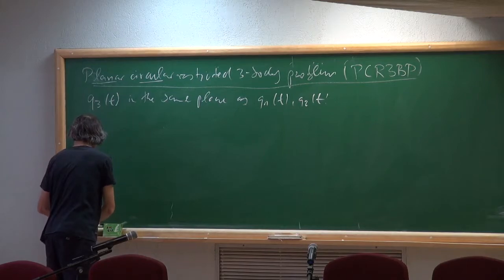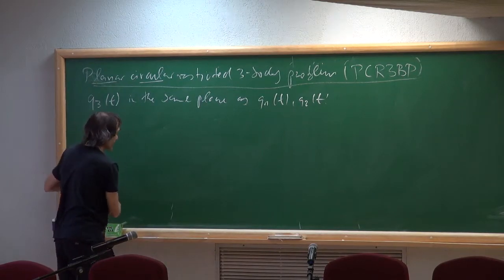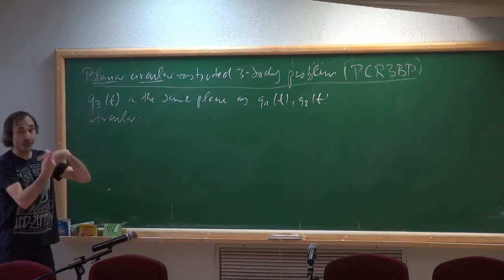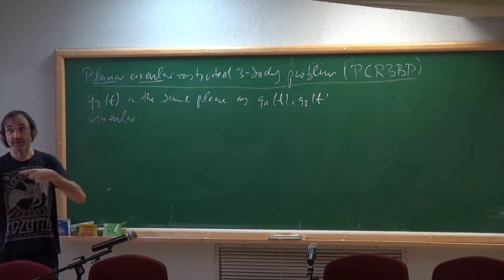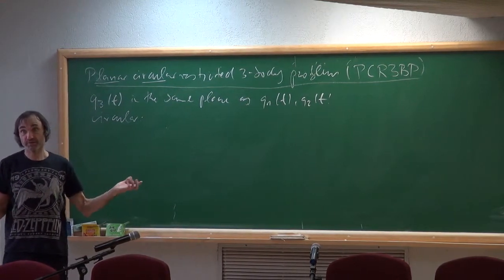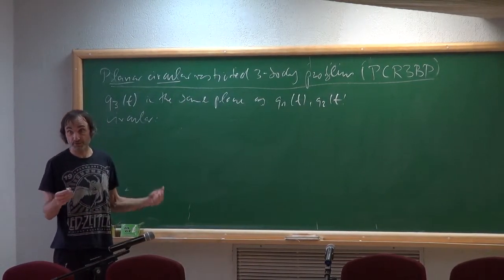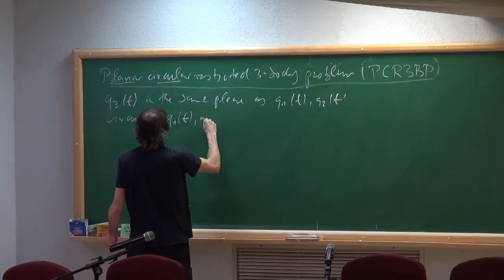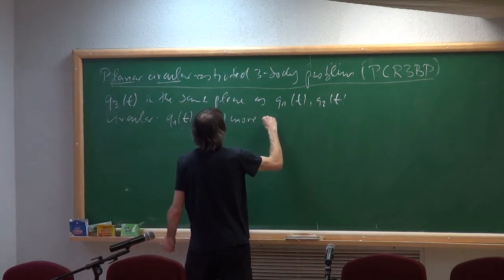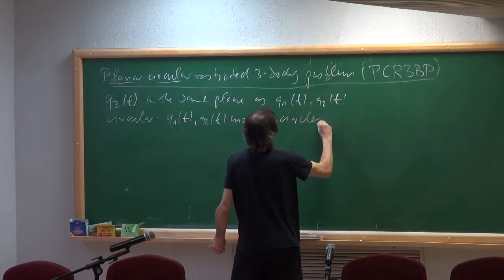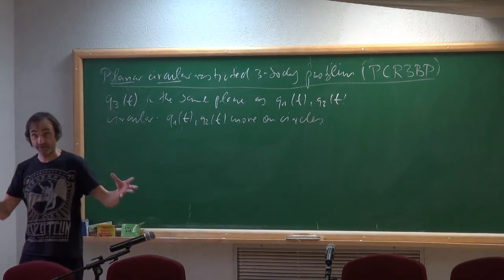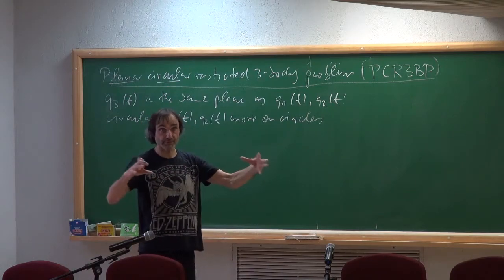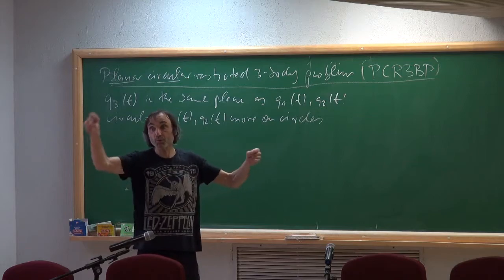And circular means that the two heavy bodies, which in general move on ellipses, now move on circles, so the eccentricity of their motion is 0. Not necessarily a circle of the same size. The masses can still be different, and even if the masses are different, both of them move on circles.